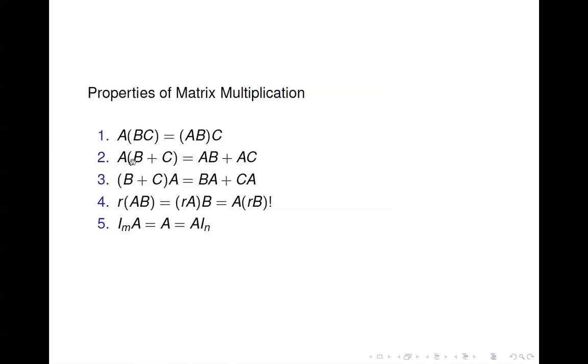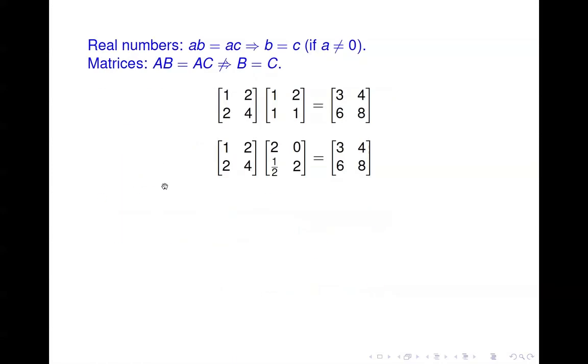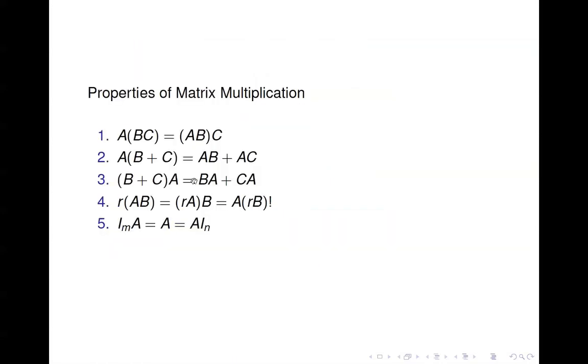We can distribute either from the left or from the right, here in numbers 2 or 3. Oops, sorry about that. And if we have a scalar, we can move it wherever we'd like. And apparently I thought that was quite important, since I put an exclamation mark there.